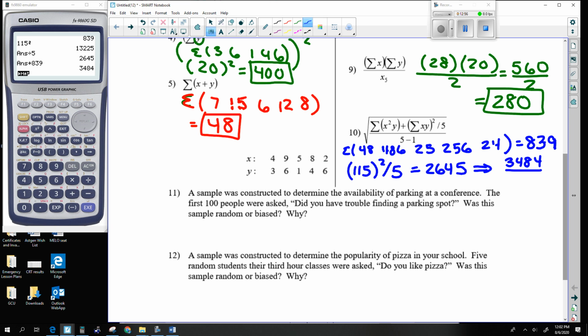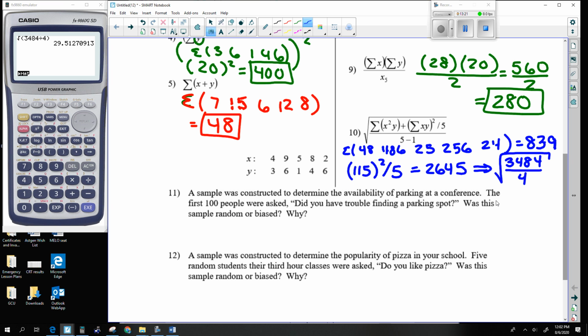The bottom is 5 minus 1, 4, and then don't forget that there's a square root involved. So this problem is going to be the square root of 3,484 divided by 4. Notice how it is all inside the parentheses. Make sure you're using parentheses.